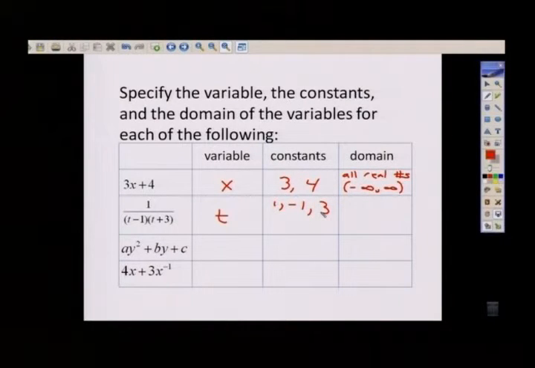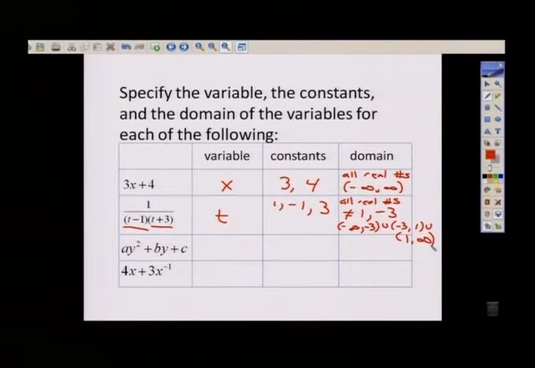And the domain here would be all real numbers, except we cannot put in the value 1 because it would make the denominator equal to 0, and we cannot have negative 3 because it would make the t plus 3 in the denominator equal to 0. So you could express this as negative infinity to negative 3, negative 3 to positive 1, and then 1 to infinity.